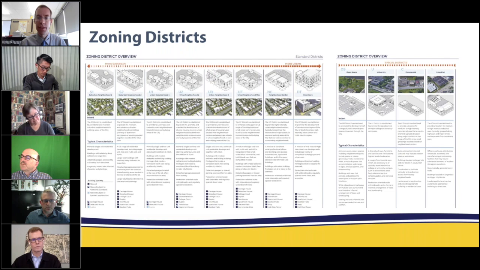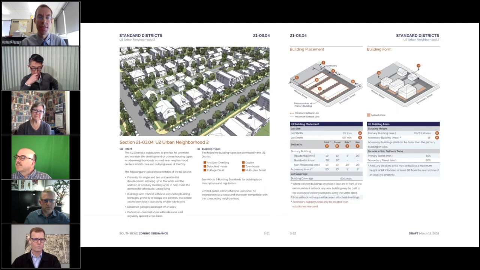So it did set up, based on the Urban Transect, 8 standard zones that rise in intensity, together with 4 special zones, such as open space and industrial, to handle those special land uses. You'll see here one of the zoning districts itself.